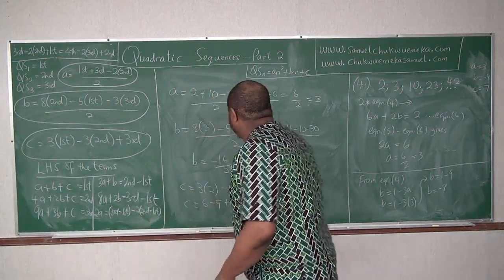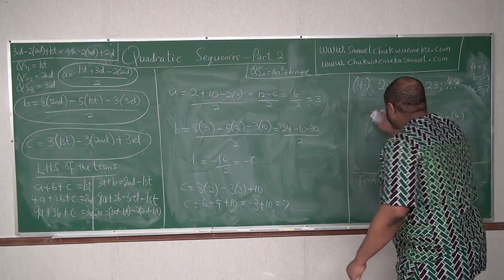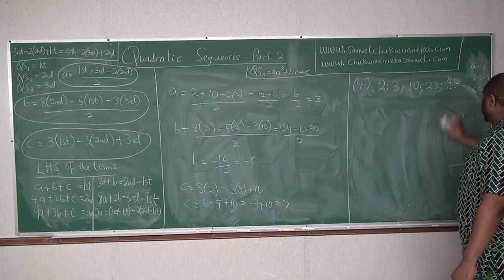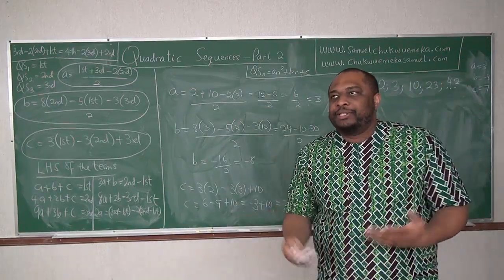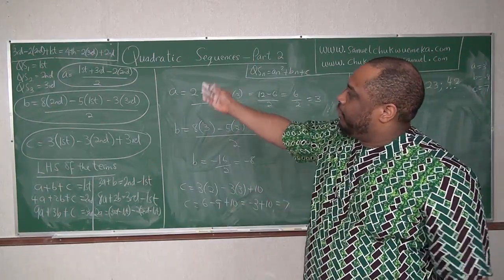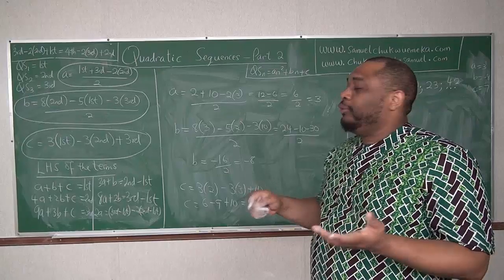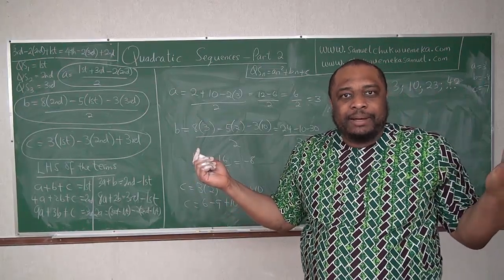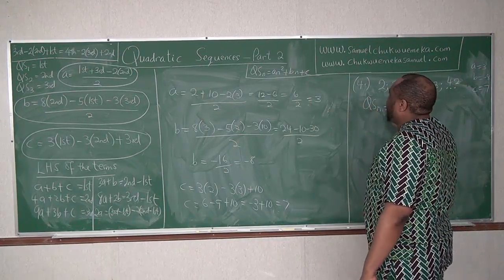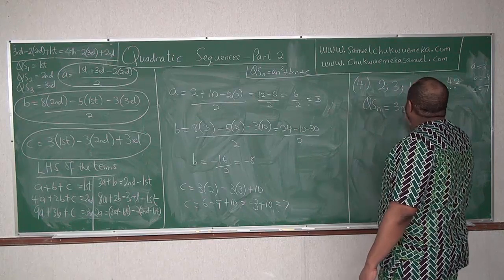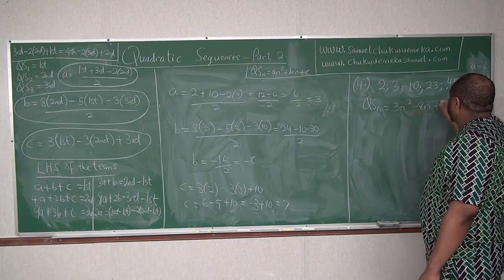Now we can write the nth term. Like I always tell my students, especially if you're not going to use the formula, after finding A, B, C, you might want to verify with the fourth term. So QSn is equal to 3n squared minus 8n plus 7.